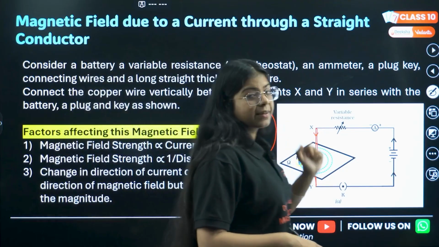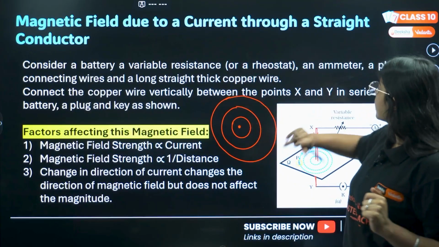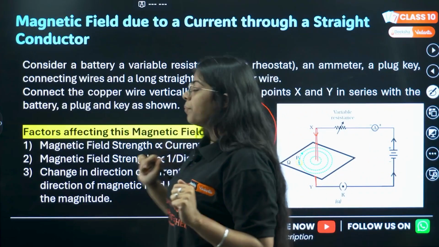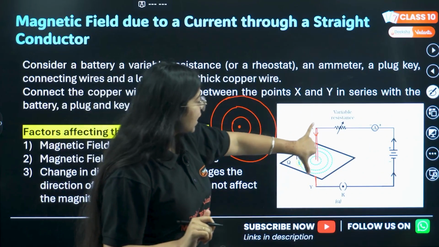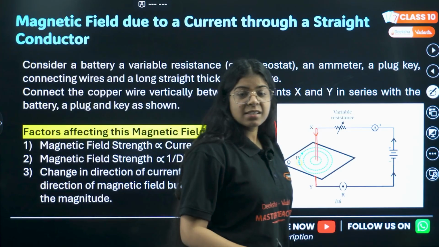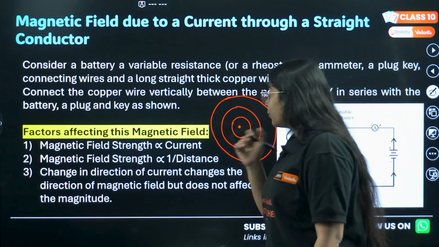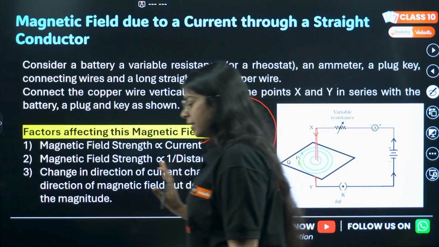So we took a battery, a variable resistance, an ammeter, a plug key, everything. Now we connected a copper wire between 2 points X and Y in series with the battery and plug key as shown. Now what we are seeing is concentric circles.